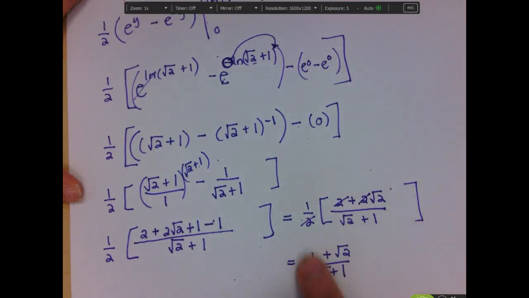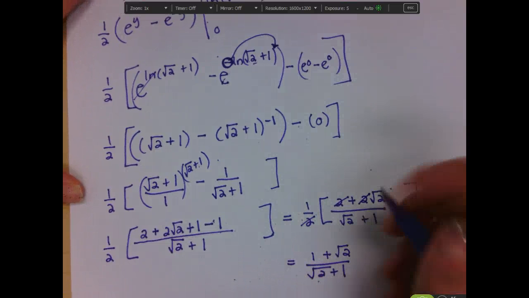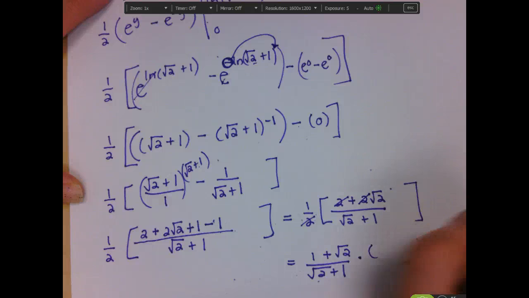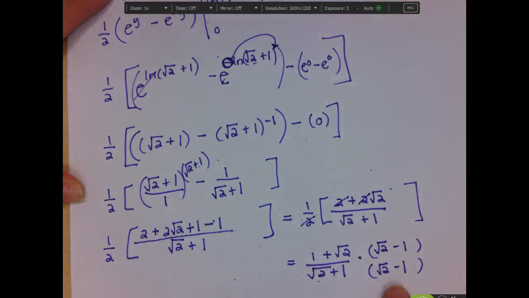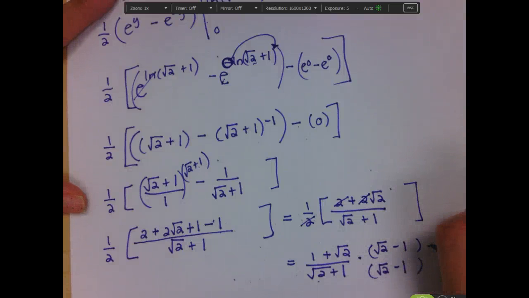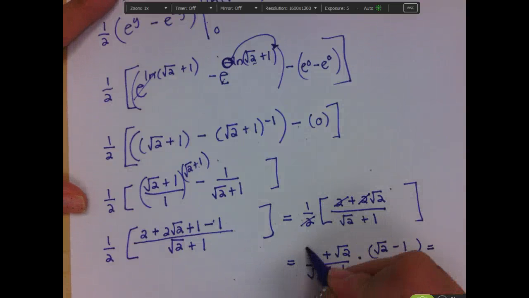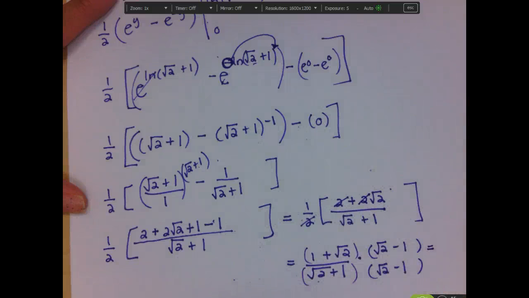And this actually can be simplified even further by multiplying top and bottom by the conjugate of the denominator. This, again, is really tricky, something that's not obvious at all, but it's just called rationalizing the denominator. Let's get rid of the square root from the denominator by multiplying on the top and on the bottom. And when you do, you're going to have to FOIL both the top and the bottom.